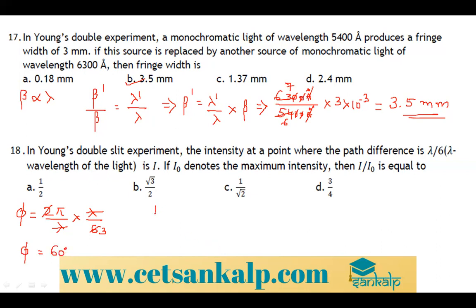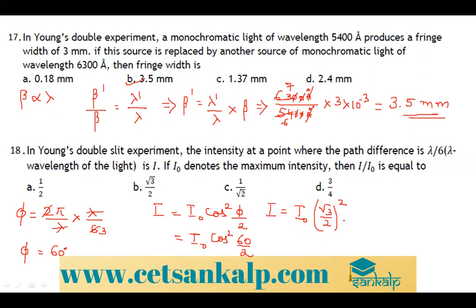So you have the formula I is equal to I naught cos square phi by 2. Then it is I naught cos square 60 by 2 is 30. So I naught cos square of 30 is root 3 by 2, root 3 by 2 the whole square.